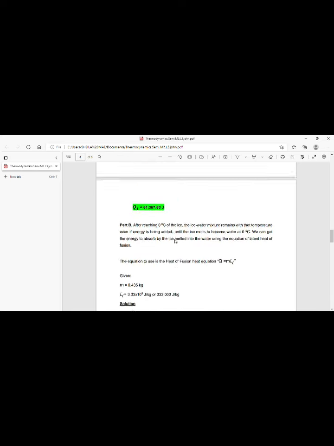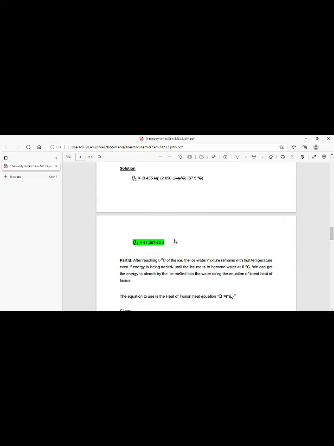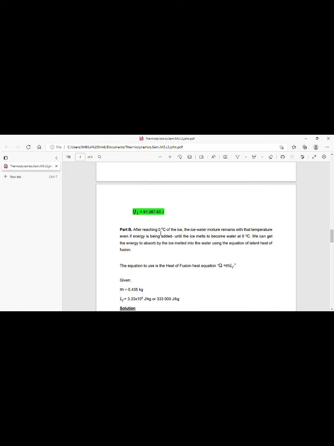Okay, then let's proceed to part B. After reaching 0 degrees Celsius, the ice-water mixture remains at that temperature even if energy is being added, until the ice melts to become water at 0 degrees Celsius. We can get the energy absorbed as the ice melts into water using the equation of latent heat of fusion.